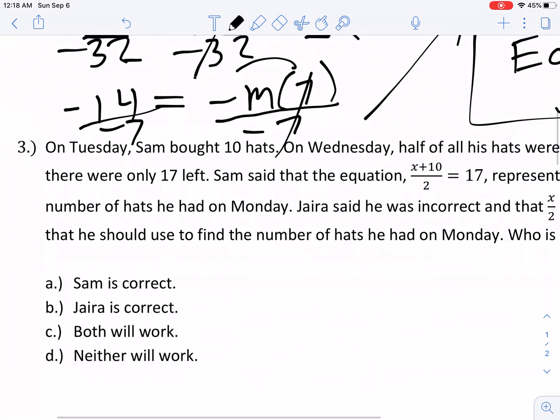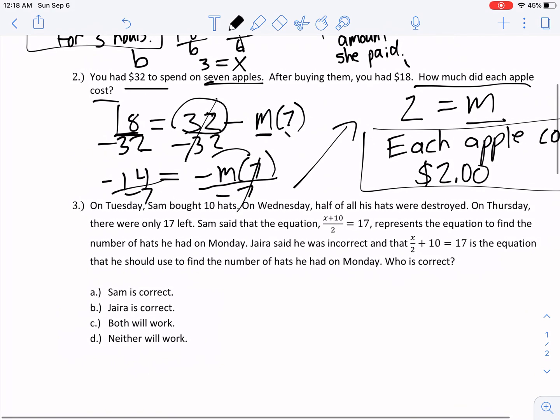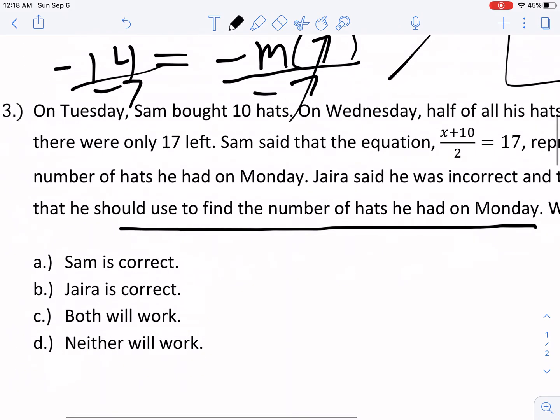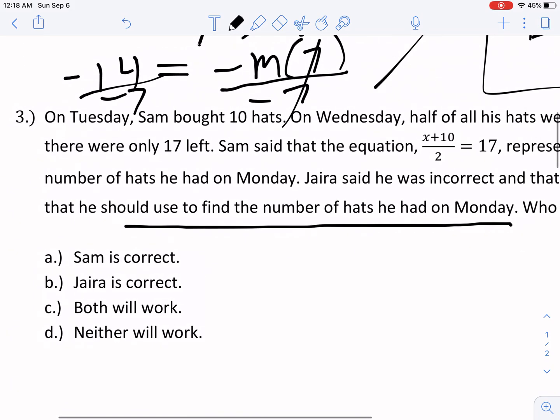So we want to know which equation he should use to find the number of hats he had on Monday. Okay, so going back to Monday. Well, we know on Tuesday he bought 10. Do we know how much he had on Monday? No. So if we don't know what a value is, we can let that be X, right?